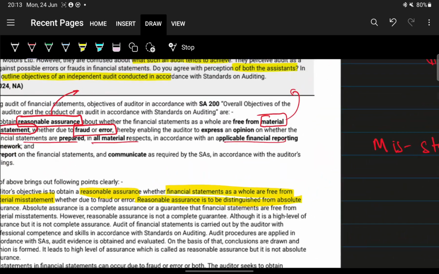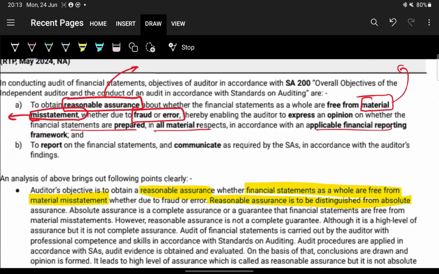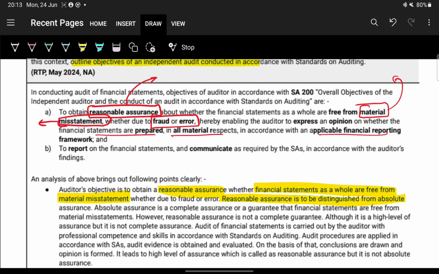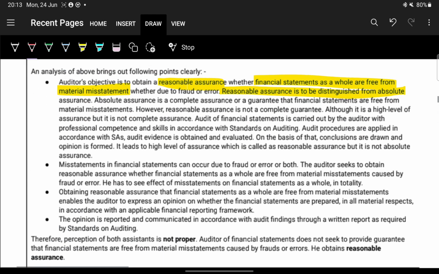No. So whatever is the financial reporting framework that is applied to the presentation and preparation of the financial statements is the applicable one, and that framework must be acceptable for the size of the entity and for the legal form that it has taken.